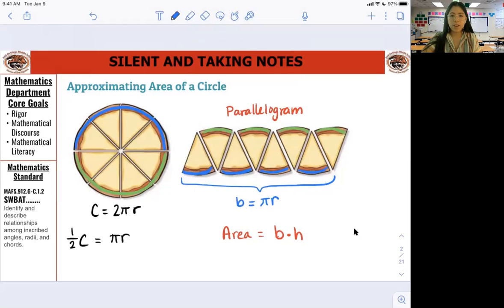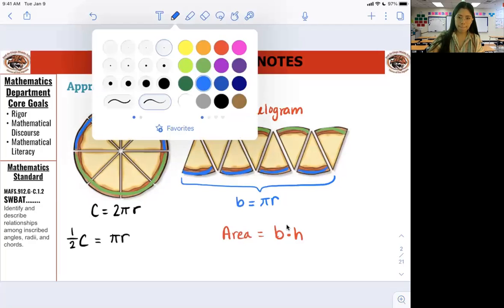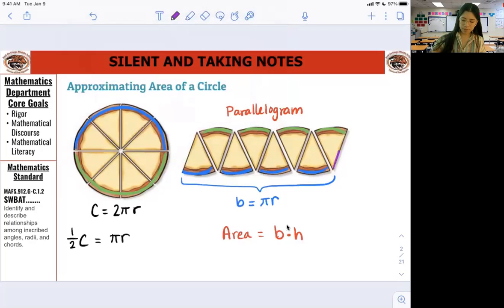Okay. So the area of this parallelogram is going to be base times height. So we know the base is pi r, but what's the height going to be? Let's talk about height. So here's the purple section right here. Now, if I color that into my actual circle, what is that representing? The radius.